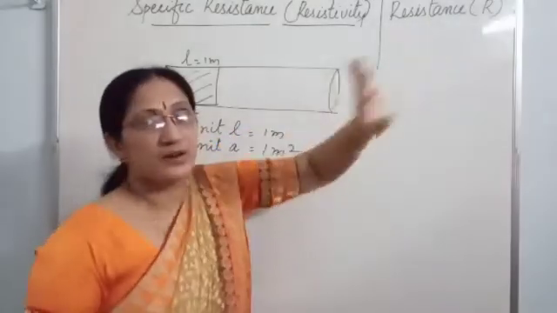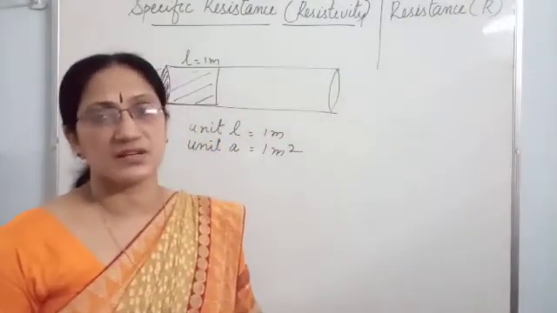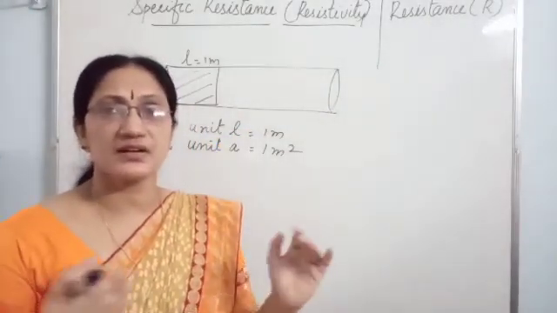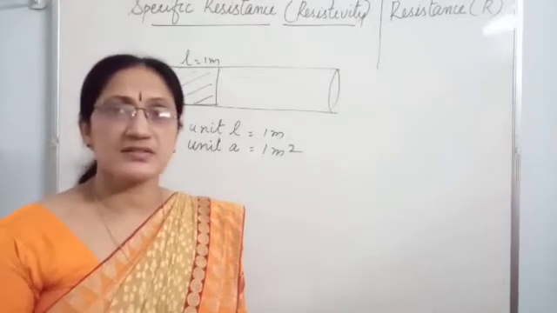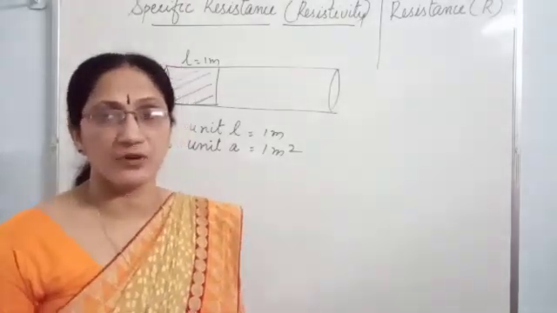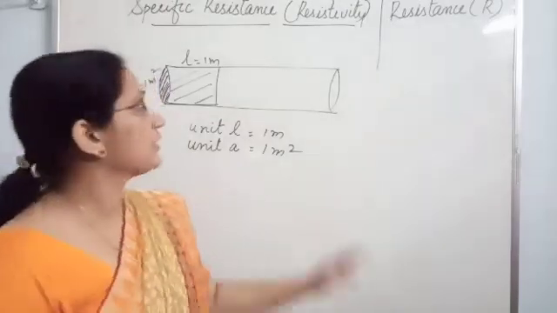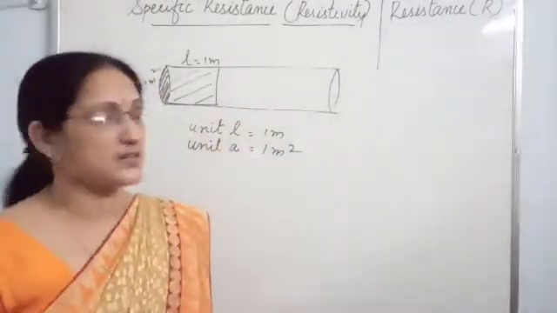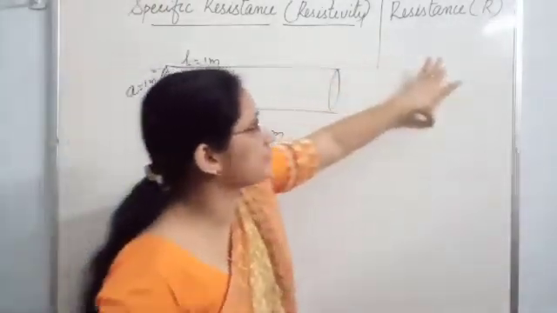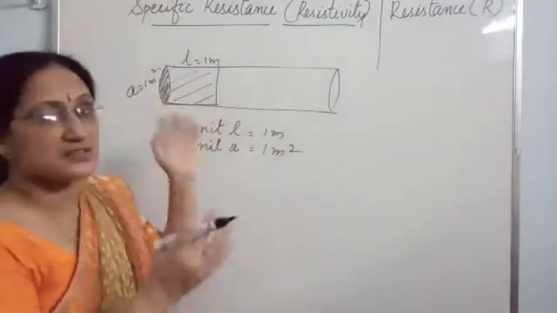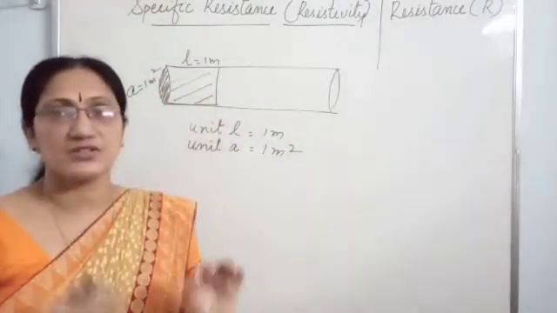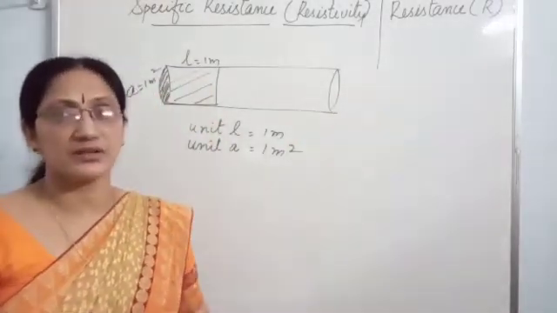Then some difference. Resistance depends on certain factors, we discussed it earlier. Resistance increases with length and resistance decreases with area of cross section. But about specific resistance, if you increase the length of this wire, the specific resistance is not going to change. It is constant for a material.